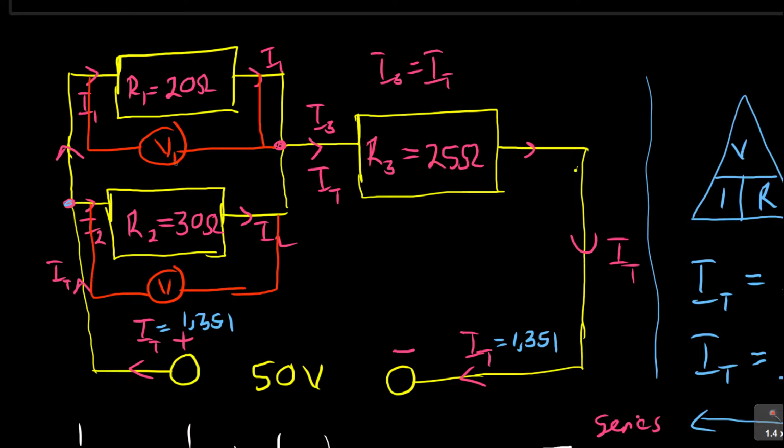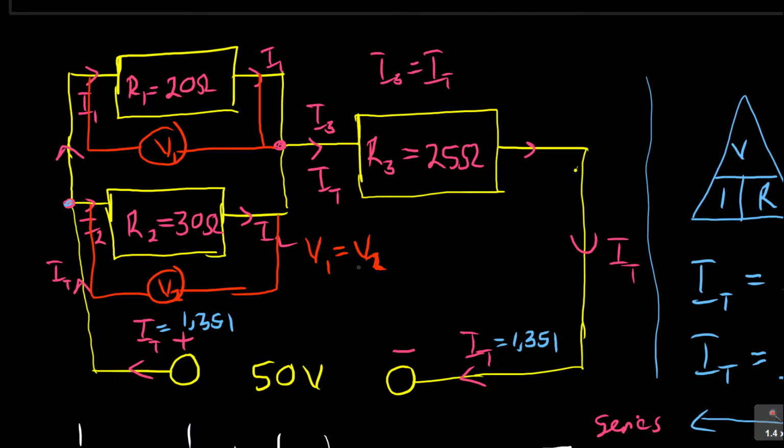So if this is V1 and this is V2, you must know that because of the parallel combination, V1 is equal to V2. Voltage in parallel resistors is maintained the same. So when you look at a parallel combination, the voltage is the same across that.